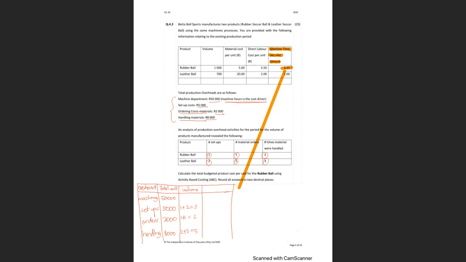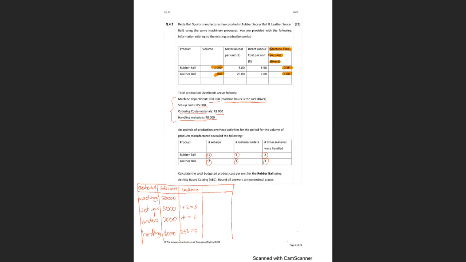You need to take that 0.35 and multiply it by the number of units to give you the total for rubber ball. The same with leather ball, it is 1 hour per unit. There are 700 units that need to be produced, so you're going to multiply it by 700.